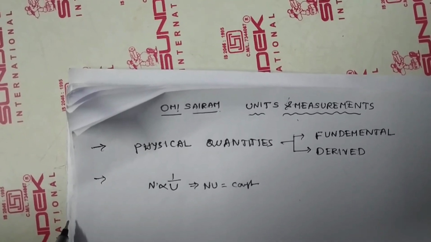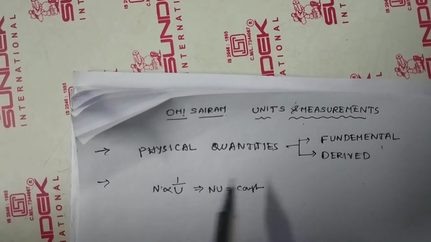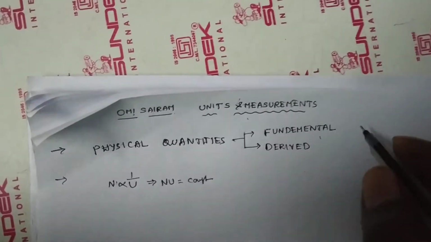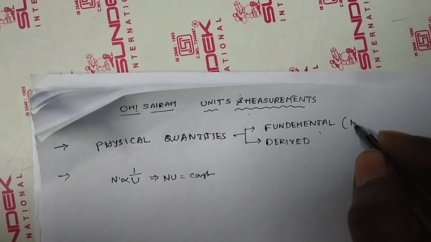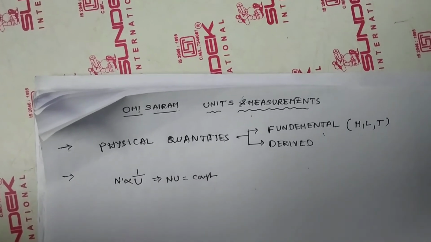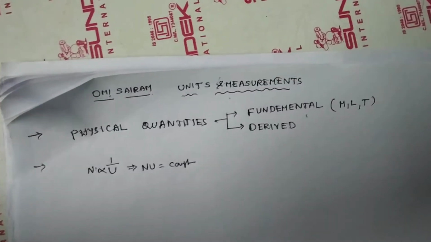Here, what are the fundamental physical quantities? What are the derived physical quantities? The fundamental quantities are mass, length, time initially.